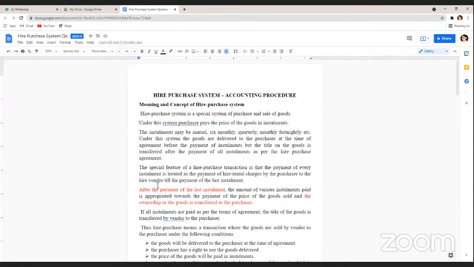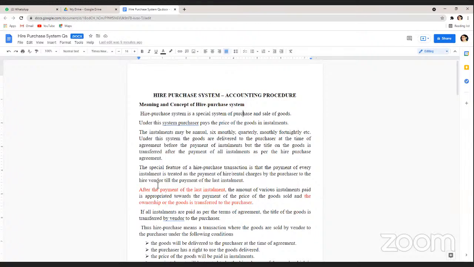So we should remember that in the hire purchase system, the hire purchaser pays the amount on an installment basis, at regular intervals, and the ownership transfers to him at the end of the last installment paid. Whatever installments he pays till that period are treated as rent.